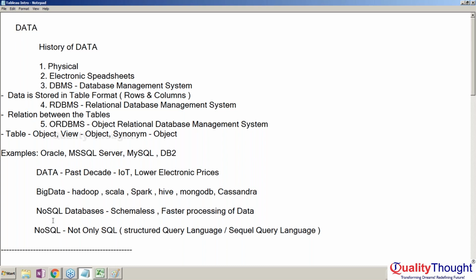What exactly do you mean by VisQL? It's a visualization query language. Excellent. Everyone has done really good.